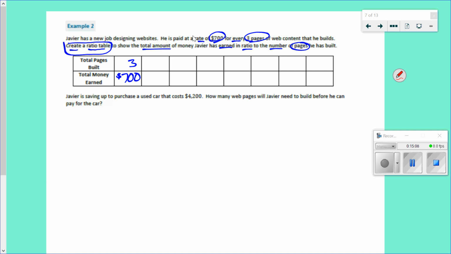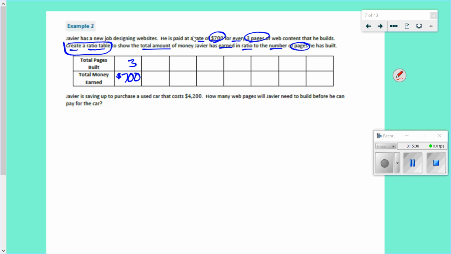So it wasn't both of us, it's all Miss McShann trying to fool you. No, it's actually Engage New York. I don't know why they do this, but if you are paying attention, you should have had the numbers in the right spot. So I'm sure Avi would have realized, even though she said it correctly as 703 when she went to put it in, she'd have been like, no, it's not 700 pages for $3. That's not very good, right? That would be terrible. That would be a major scam.